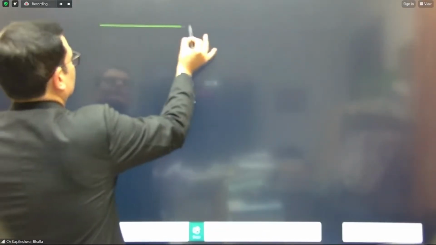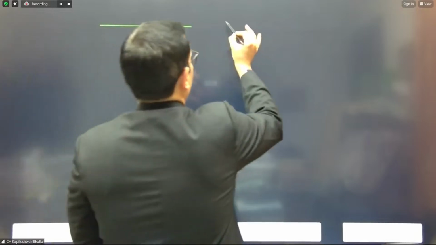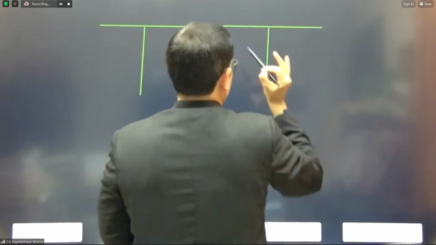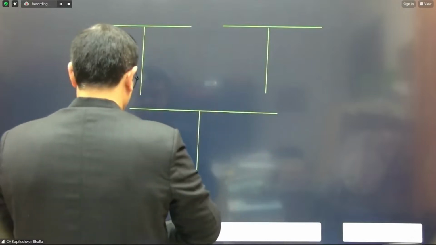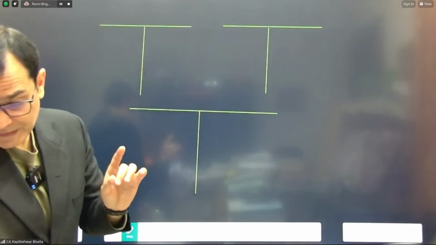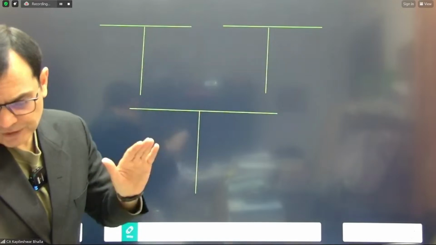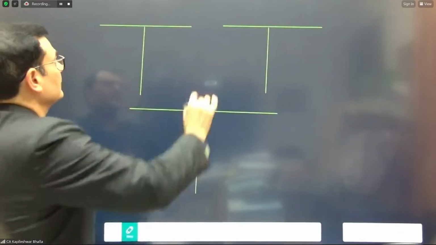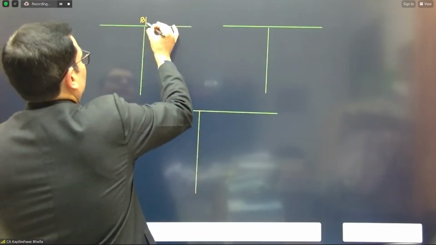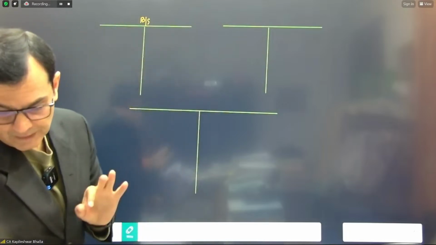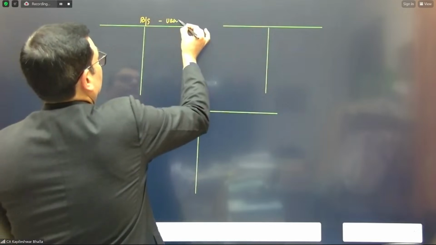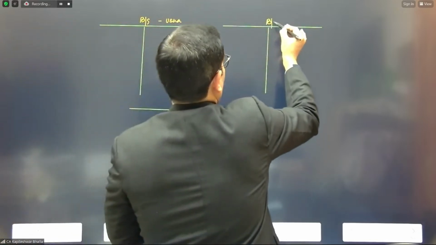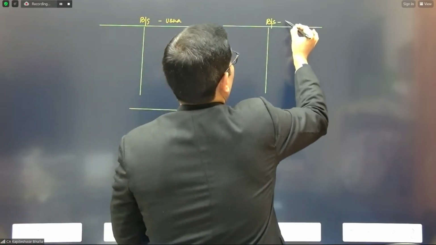Now, let's consider, for understanding perspective, this is the balance sheet of Nisha, and this is the balance sheet of Sandhya. Sorry, not Nisha, the top company. So let's consider this is the balance sheet of the top company, that is Usha, and this is the balance sheet of the middle company, that is Nisha.